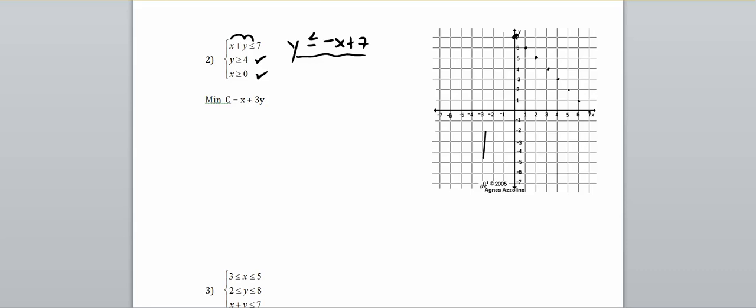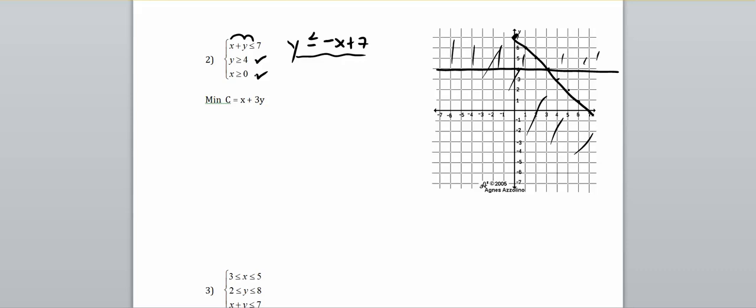Okay, so graph that line. And I'm less than or equal to, so I'm going to shade lightly underneath that right now. Then let's graph y greater than or equal to 4. Well, y equal to 4 is a horizontal line at 4. And now I'm graphing above because I'm greater than or equal to 4.